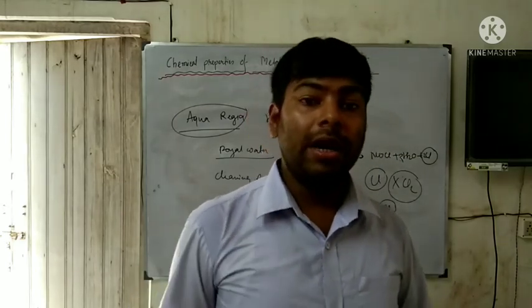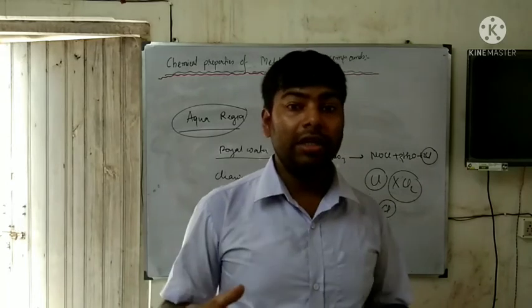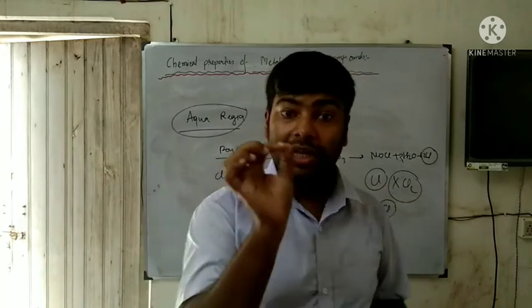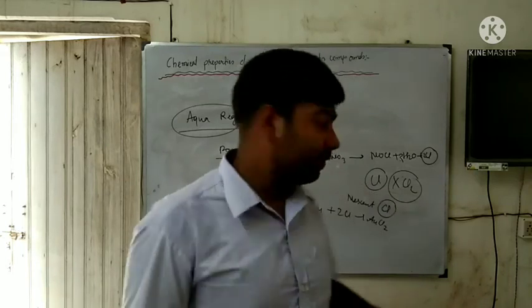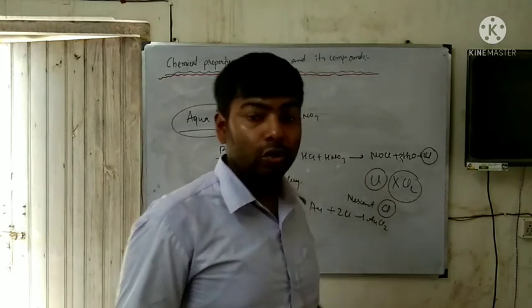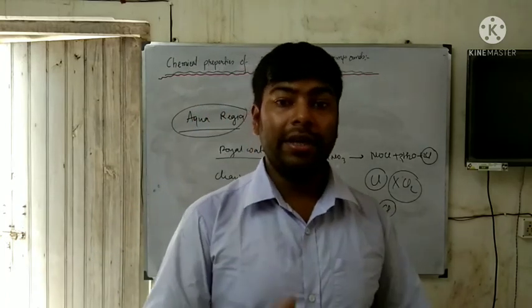That's why whenever we purchase a new gold jewelry, it is very shiny. After some years, the shiny character may fade a little bit. But whenever we clean it again, it forms AuCl2 again, and it gives the shiny or glazy appearance.